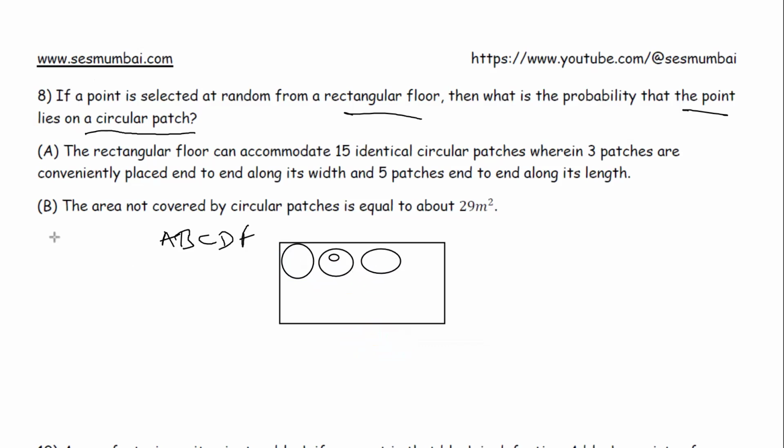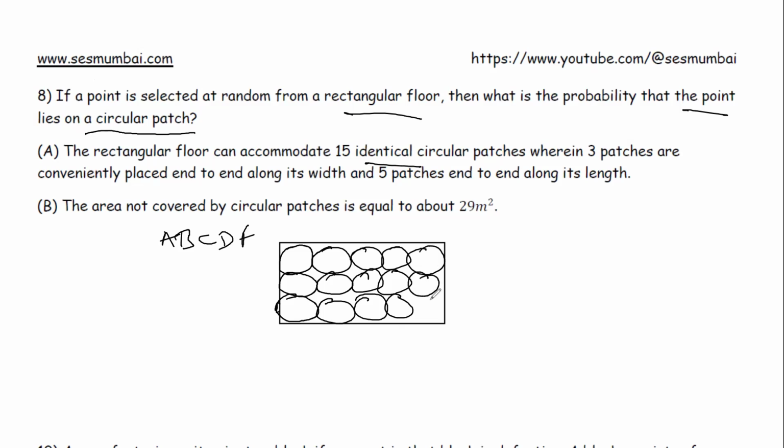So basically, they are tangentially touching, and that's how we get 15, right? So imagine these are all identical circular patches and they're all touching. So this is what the case is, right?